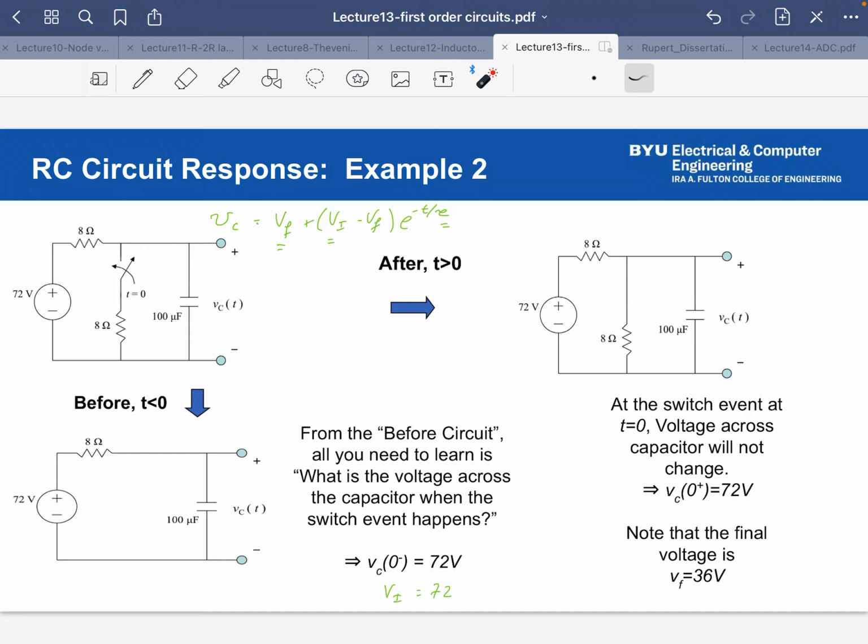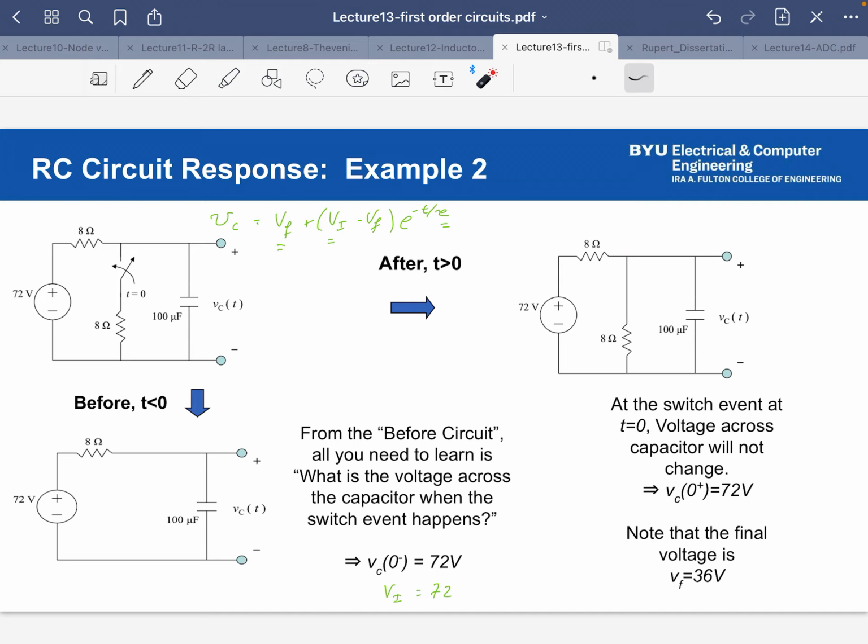The voltage is going to discharge until this voltage is equal to that voltage, and no more current can flow in or out of the capacitor.